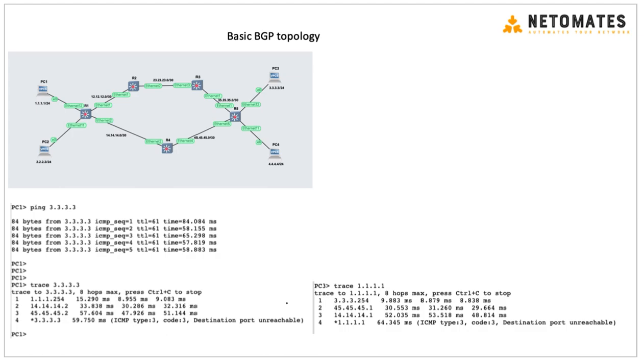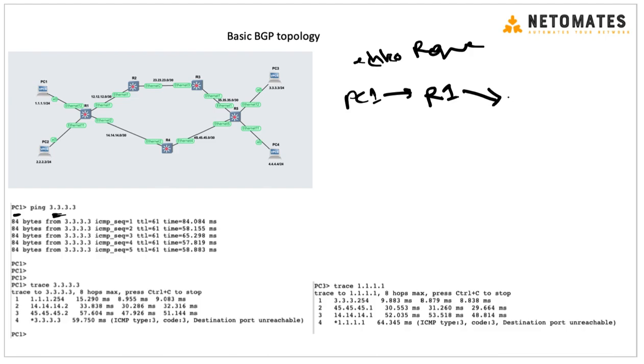Okay, so let's verify if the packets are taking the correct routing. So from PC1 we did a ping to 3.3.3. What happens when we do the ping? The expectation is that the echo request should go from PC1 to R1 because it's the gateway.